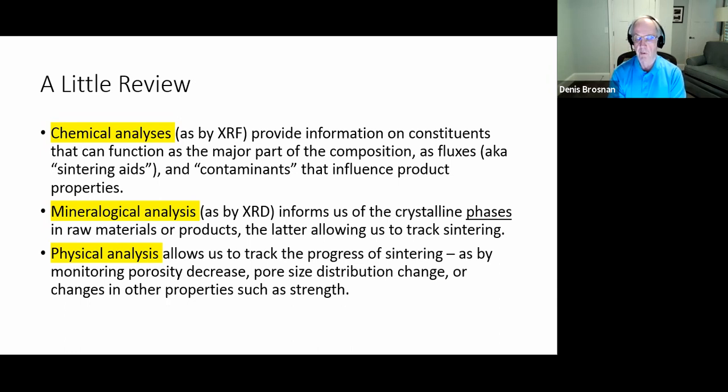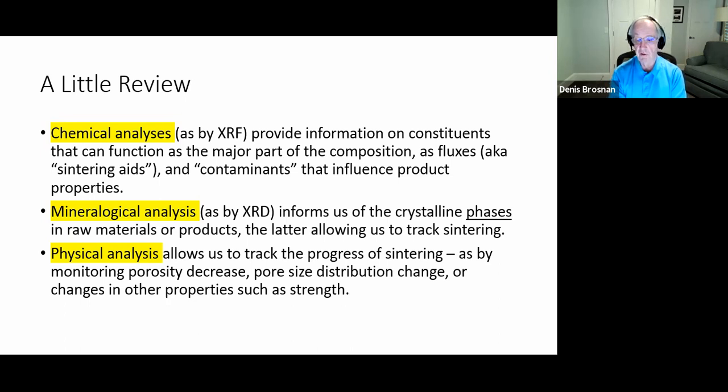Sometimes chemical reactions can counterbalance shrinkage, but the usual tendency is for the body to shrink. When that happens, you have the same or nearly the same mass but lower volume, and that means you have higher density. In addition, with shrinkage, porosity typically decreases in firing.